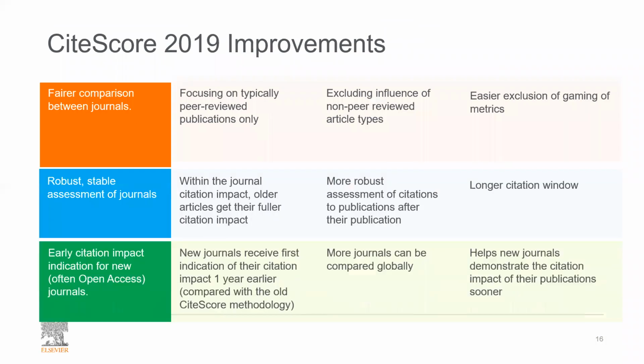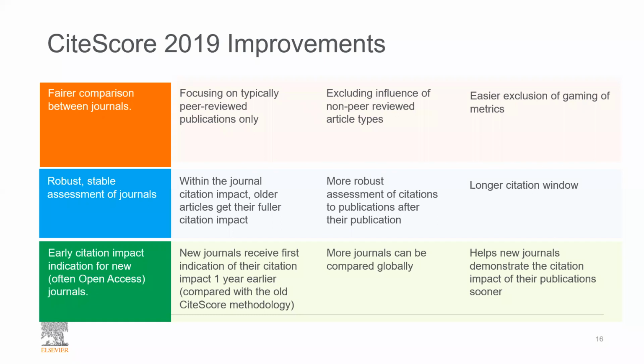So what are the improvements that you can see after these changes? It provides you a fairer comparison between journals because it focuses on typically peer-reviewed publications only, and we exclude the influence of non-peer-reviewed article types, making it easier to exclude gaming of metrics. Second is a robust, stable assessment of journals.